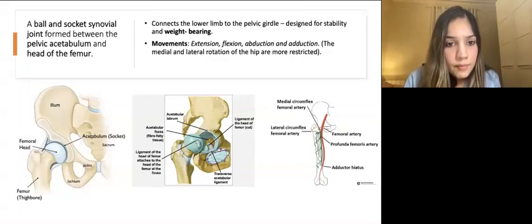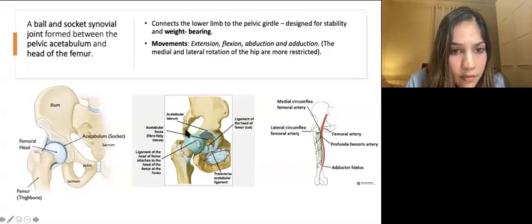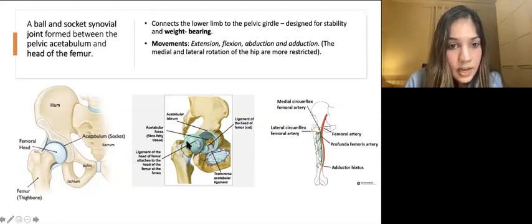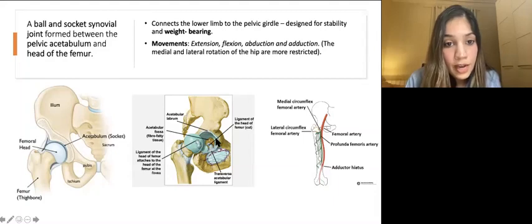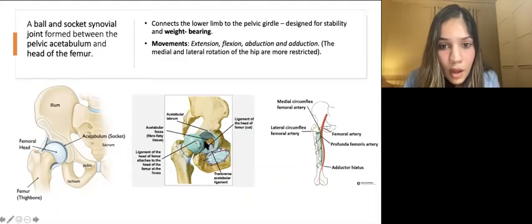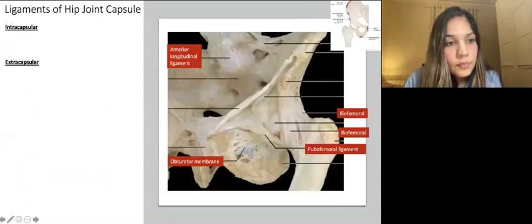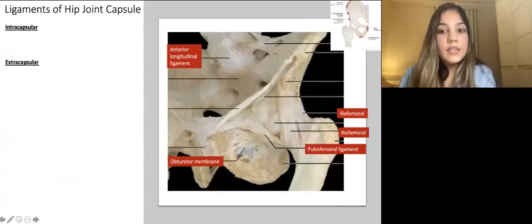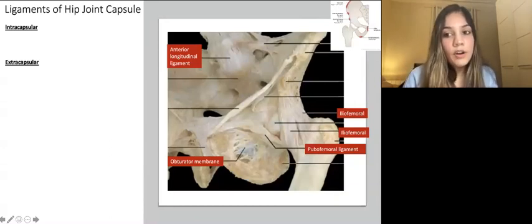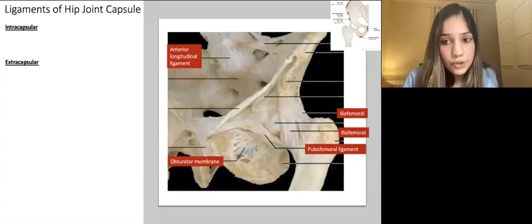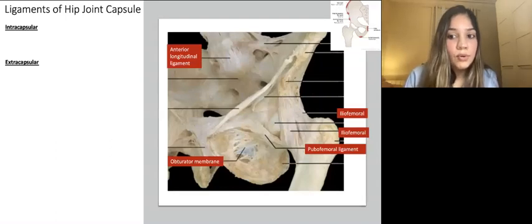And we also have this ligament which connects the femur to the acetabulum, the hip joint, known as the ligamentum teres. So a ligament is a short band of tough, flexible fibrous connective tissue which connects two bones or cartilages and holds together a joint.